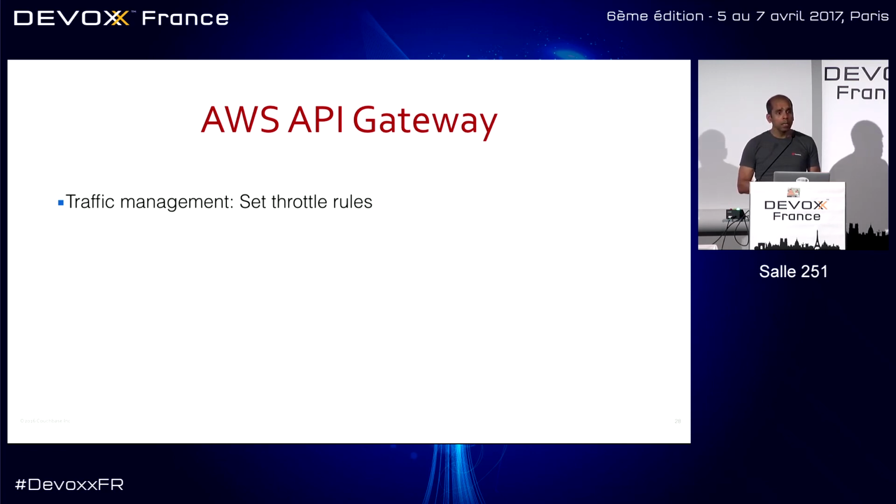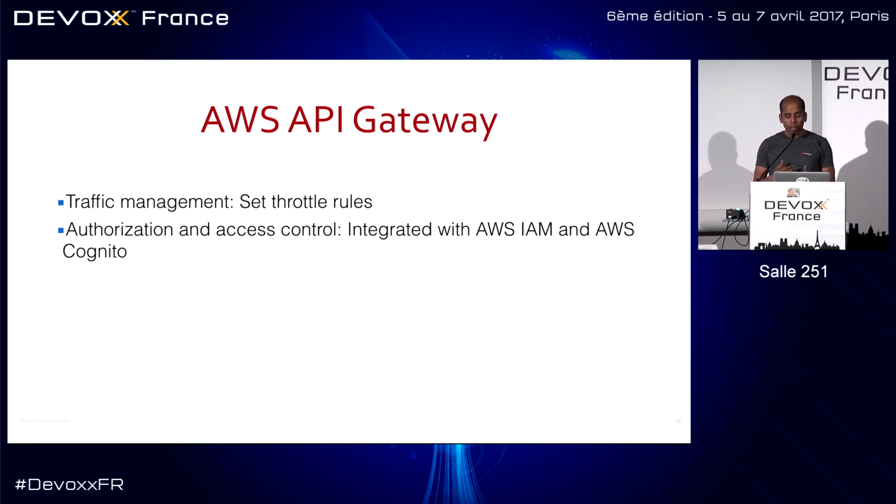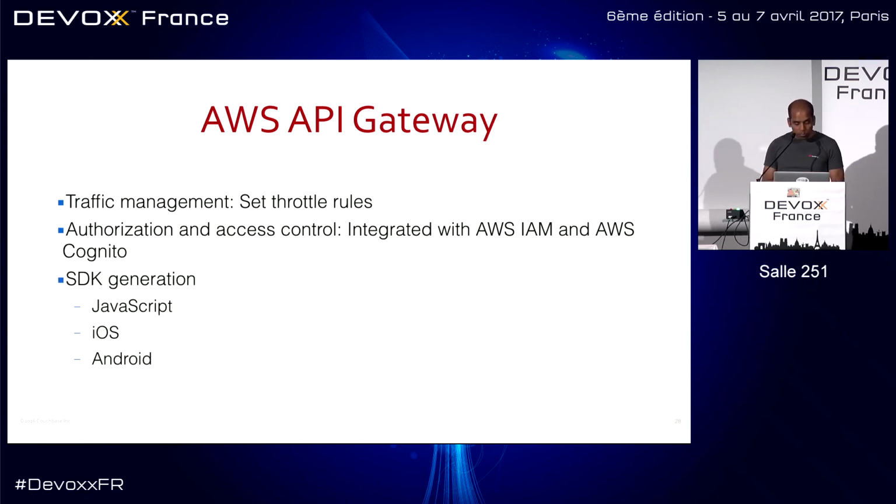A little bit more details. It also helps you with denial of service attacks. For example, you can start setting up throttling rules that, if I'm getting more than 1,000 requests, then throttle the server. Just don't allow more than 1,000 requests per second or per concurrent users to this particular serverless function. And you can start setting up those rules. It is very well integrated with the complete AWS infrastructure for authentication and authorization of your APIs.